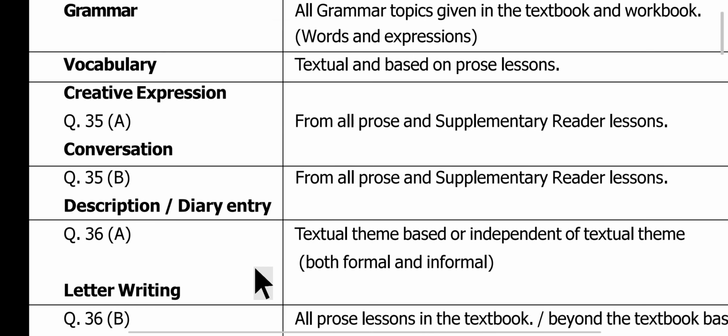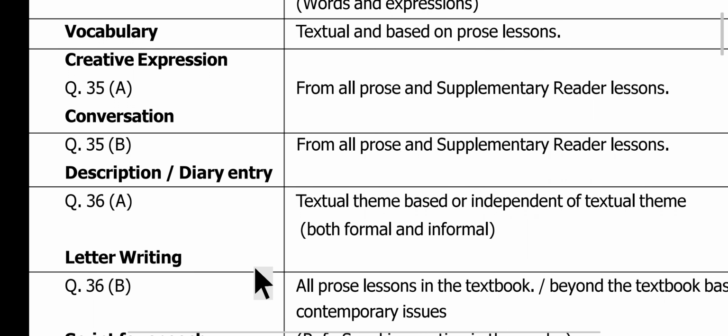Creative expression. The last item of the question paper is creative expression, which our students find a bit difficult to score high marks in. But if you study the textual content and follow the discourse indicators, definitely you can score better in this area too.